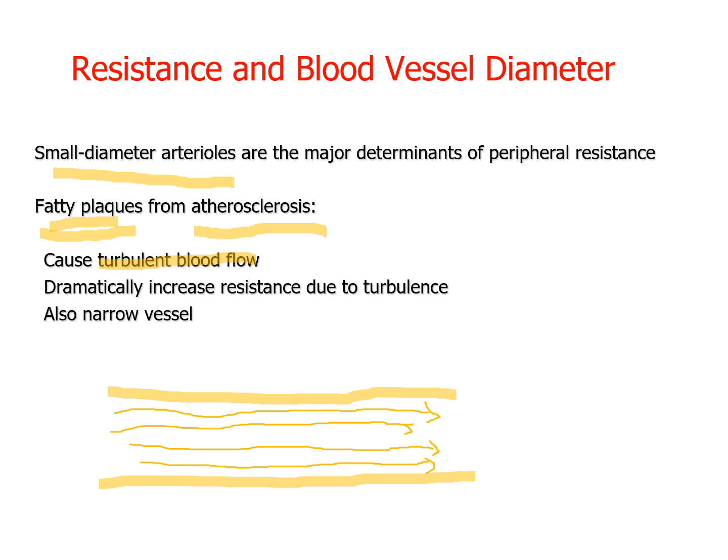But with some sort of accumulation or obstruction on the wall of the blood vessel, like a fatty plaque, you'll get a disruption of flow, just like a rock in a river.